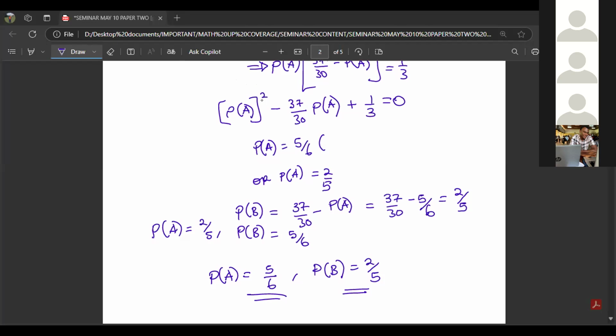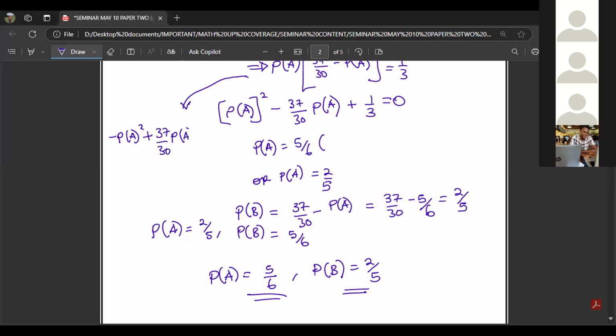I collected like terms from here. From here, you'd expect to have negative probability of A squared plus 37 over 30 PA equals 1.3. So I took everything to the right-hand side and I ended up with that equation. Okay, yeah.